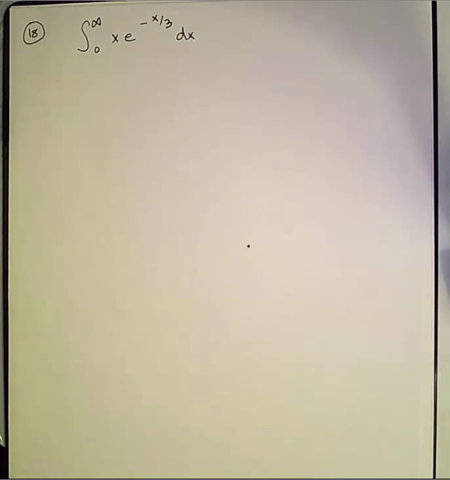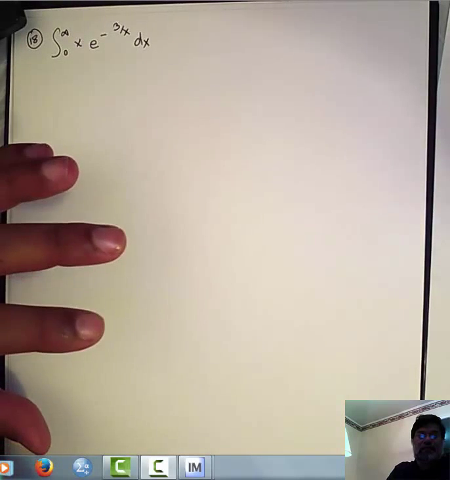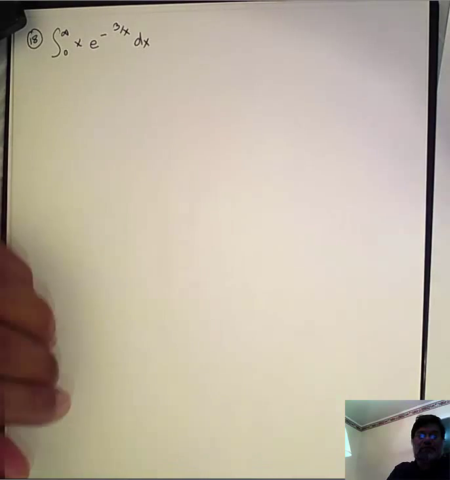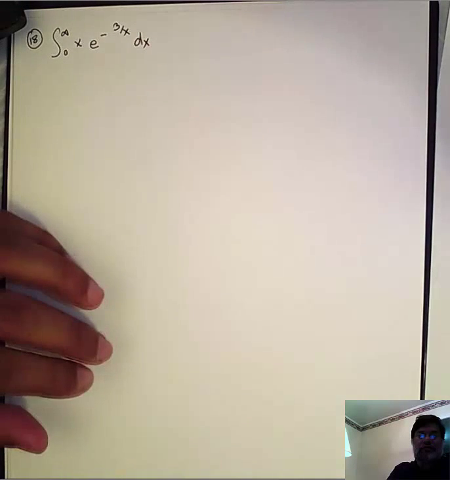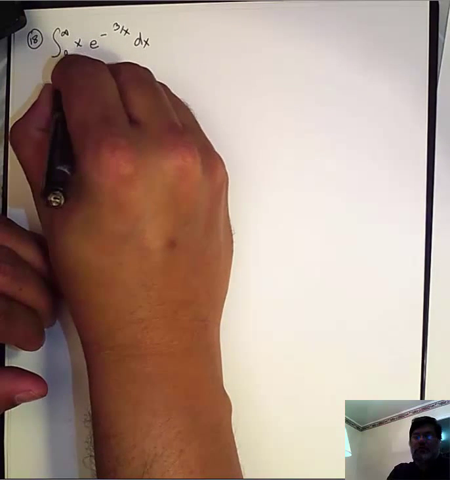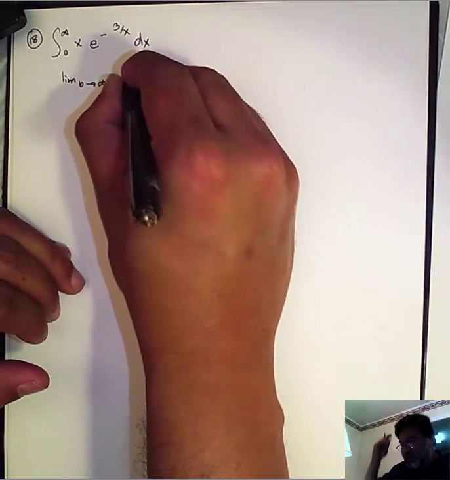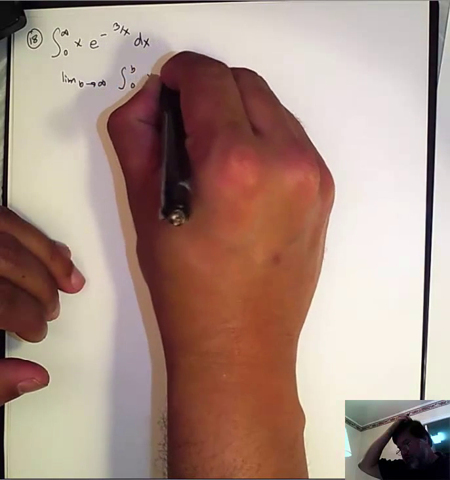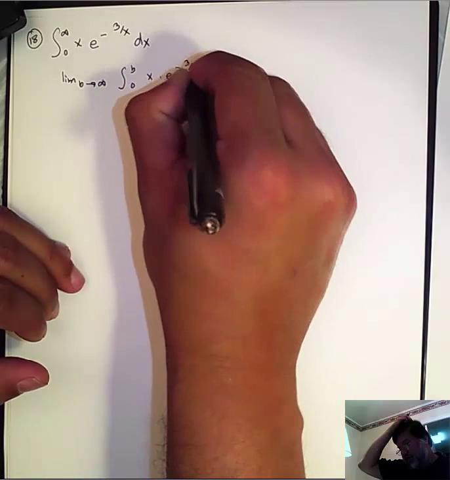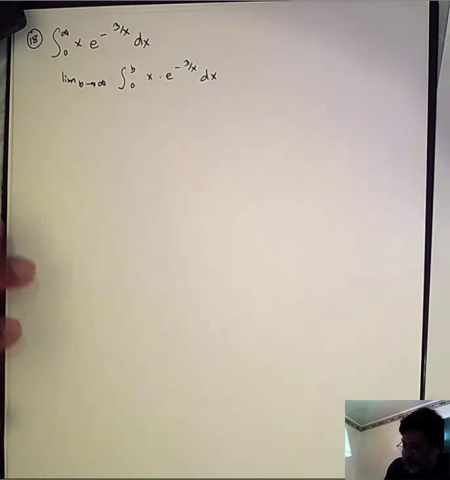Okay? So the question is determine whether the improper integral diverges. Alright, so you see this improper integral? You can make it a limit as b goes to infinity, the integral from b to 0 of x e to the negative 3 over x dx. So that's something we can do.